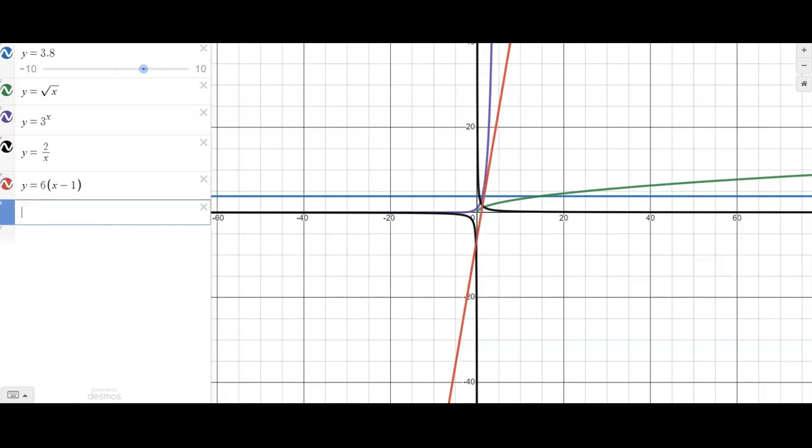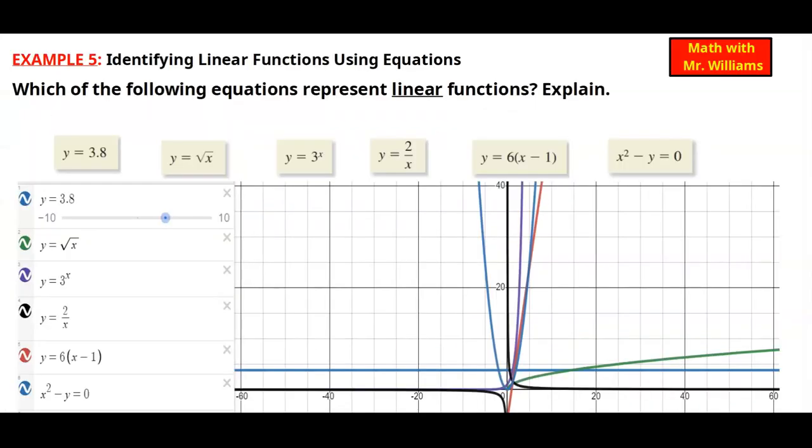And our last one being x squared minus y equals 0. And you can see that one is not going to be a linear function. It's an actual quadratic. So now we've identified all the ones that are linear functions, which in this case, we had the first one, y equals 3.8, and y equals 6 times parentheses x minus 1 in parentheses as linear functions.